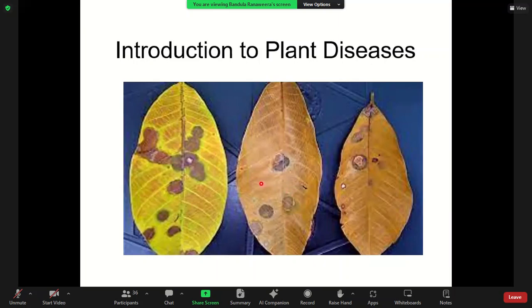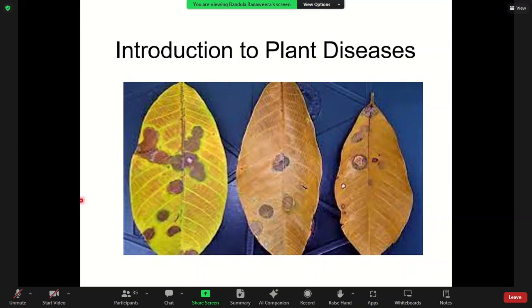So maybe you can say that these are mature or older leaves. They have changed the normal usual color into brown, light brown color. But we all agree that there are some kind of spots, patches, dark brown spots like this.